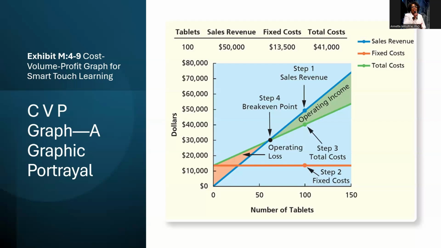It's left of the break-even, which is the operating loss. Total costs exceed sales revenue, resulting in a loss, which is the orange zone area.